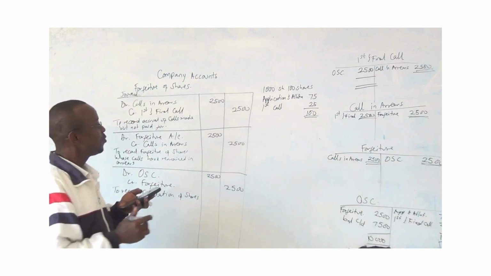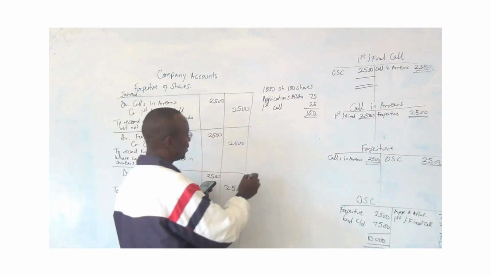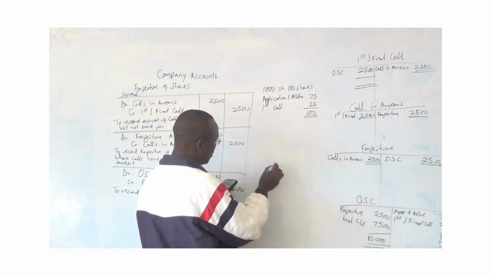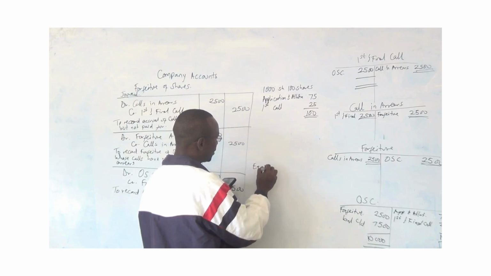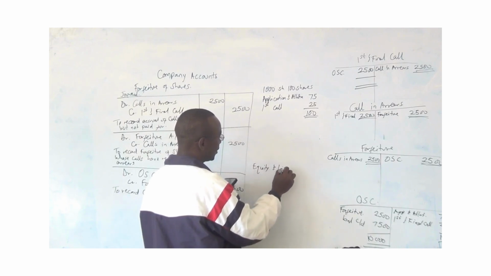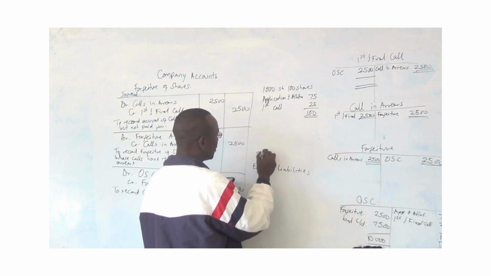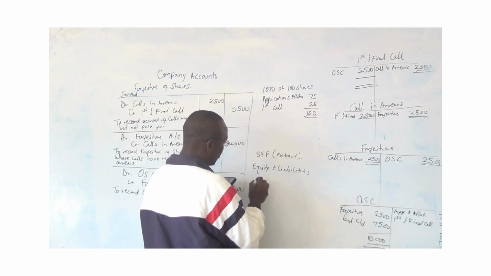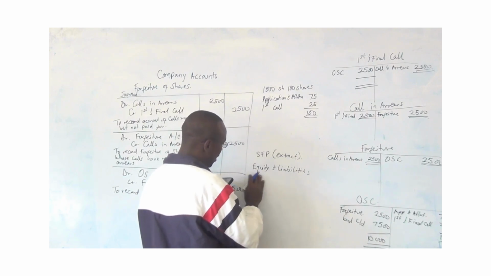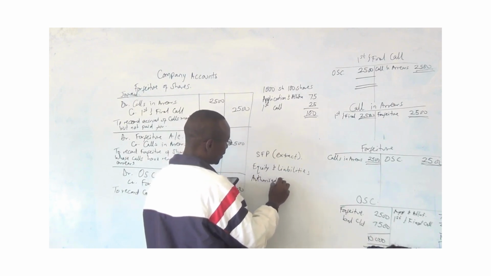Such that if we are to make a statement of financial position, we will have in the capital and the part of equity and liabilities. This is the statement of financial position, and you say it is an extract. We will have ordinary authorized share capital.